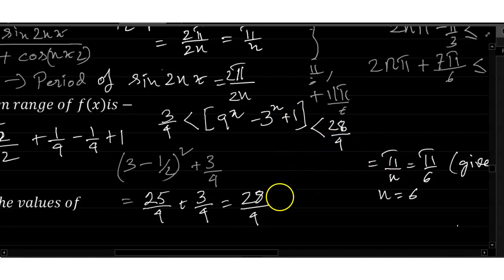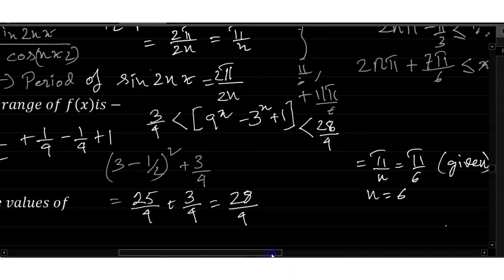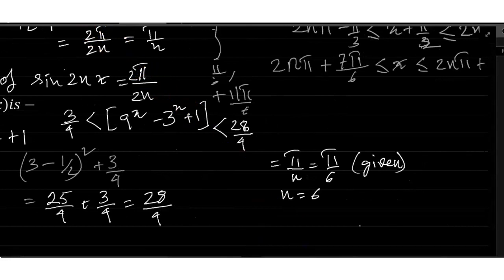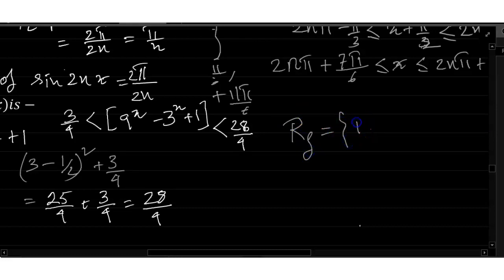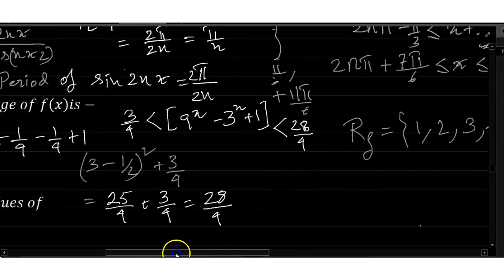So as it is the greatest integer, we can take the values in the range of f: 1, 2, 3, 4, 5, 6, the range of the function.